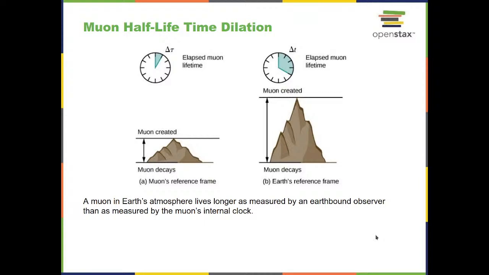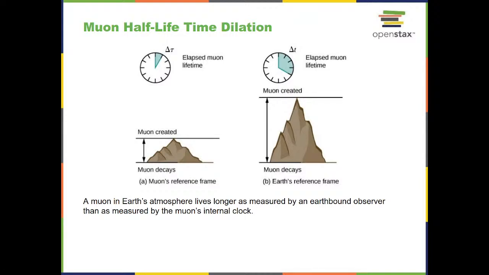Now, there's other examples where the impact is even stronger, in particular when we get closer to the speed of light. And if we want to get closer to the speed of light, we have to typically look at particles in accelerated conditions.